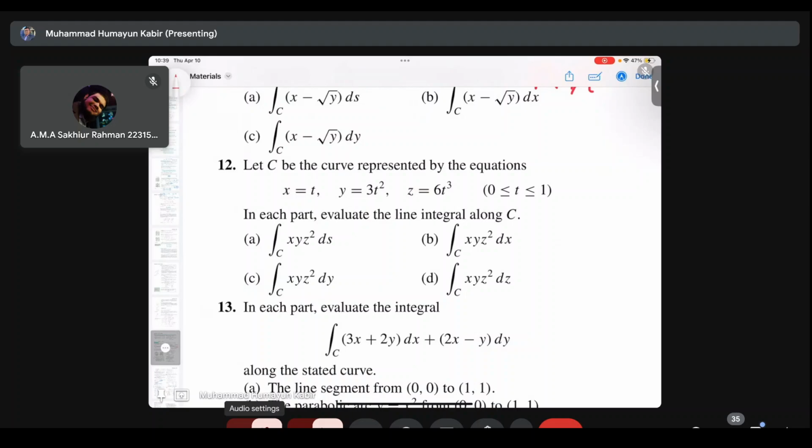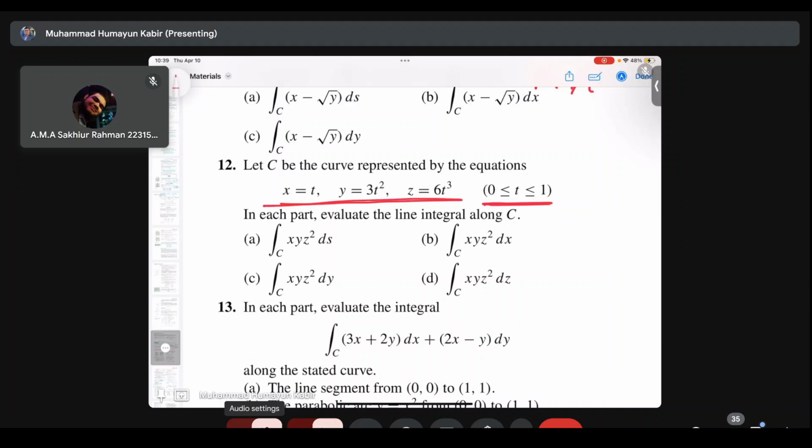Look, here the curve C is given by three parametric equations. The variation of t is also given. So I think you know how to transfer it to a standard single integral. You must remember one thing. When you are going to evaluate a line integral, your first target is to convert it to a typical single integral. If you convert it to a typical single integral, you can easily find its value.